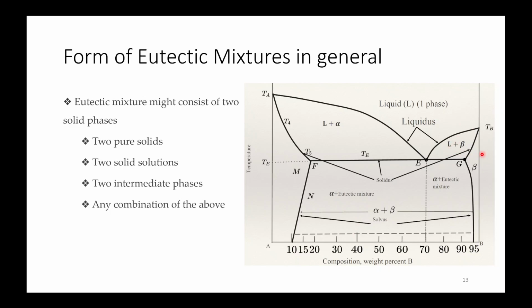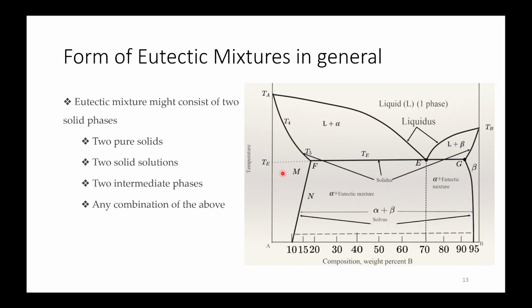Okay, so first we have the form of eutectic mixtures in general. When we talk about eutectic mixtures, they might consist of two solid phases. They can be in the form of two pure solids, so there will be pure solids and a mixture of those, or it can be between two solid solutions as shown in this figure here.